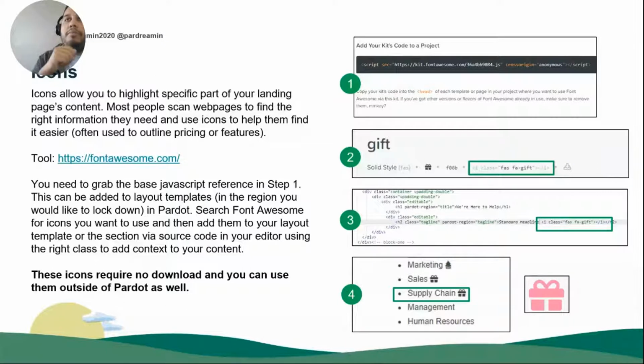If you don't want them to be on the template every single time and you only want to use them on specific landing pages, still the same process of grabbing that code, but then you just do it via the landing page editor. At the end of the day, it comes out looking like number 4. These are very specific, smaller icons. You can grab larger ones, right, for when you're doing different types of layouts on your landing pages, but ultimately it looks something like what you see on number 4.